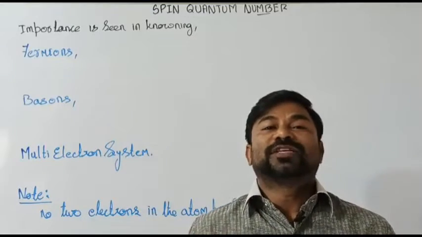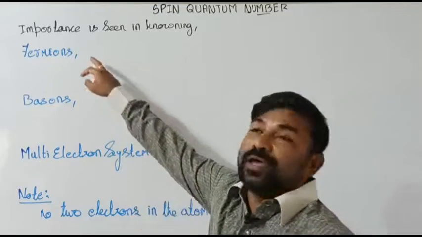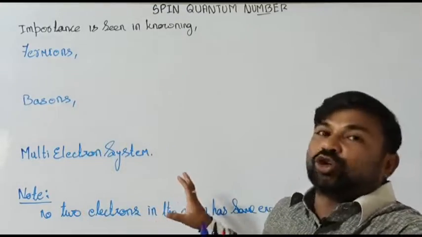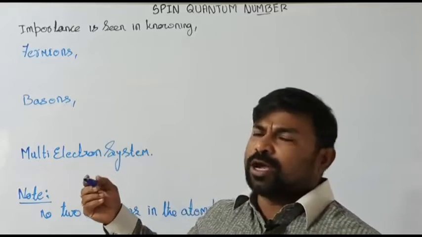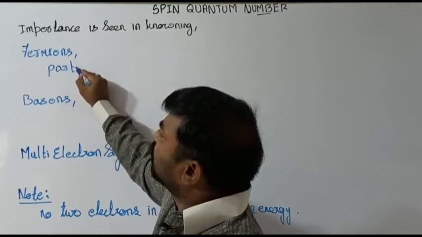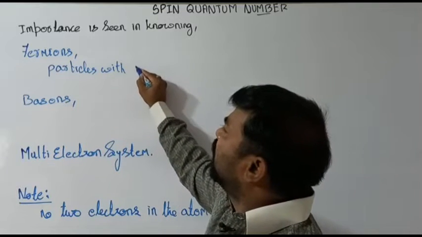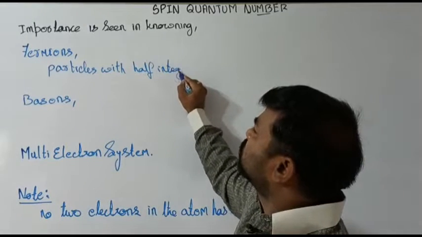The importance of the spin quantum number can be observed more in knowing fermions, bosons, and in multi-electron systems. So, what are these fermions? Particles with half integer values.